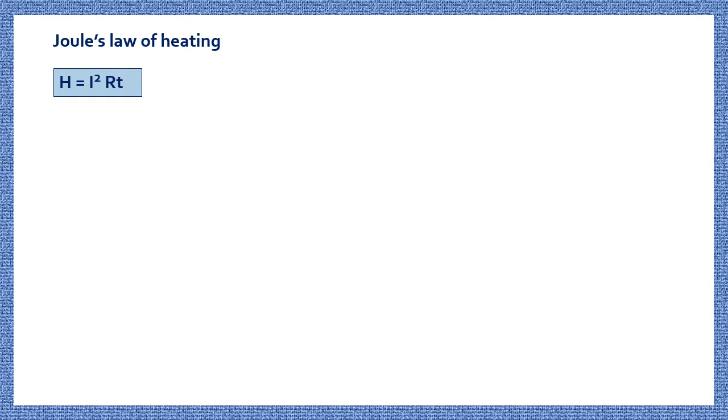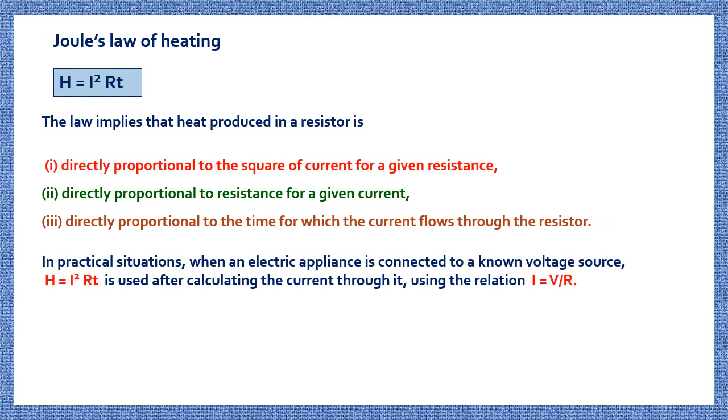So Joule's law of heating is H is equal to I square Rt. Now this law implies three very important points about the relation between H and I, R and t. First, H is directly proportional to the square of current for a given resistance. This is clear from the formula also.